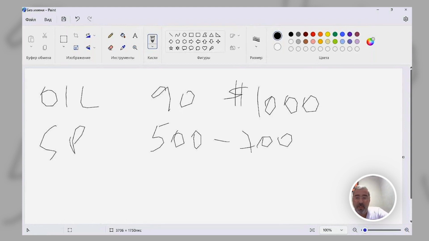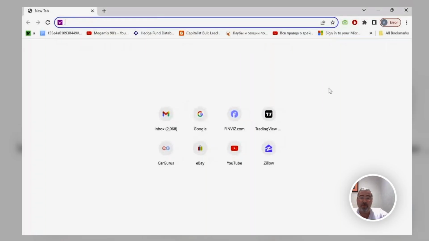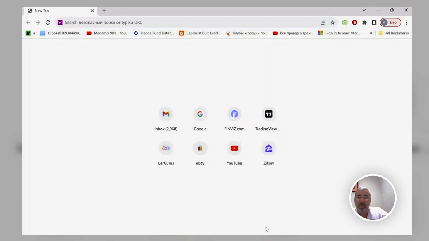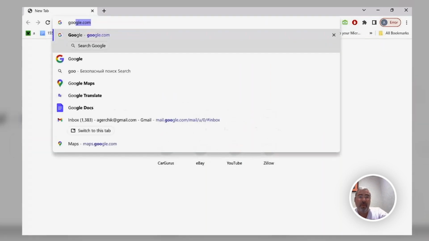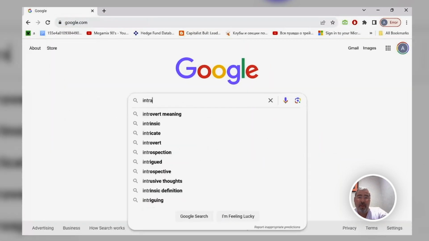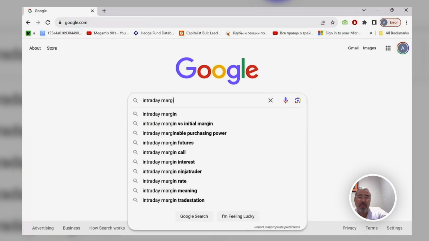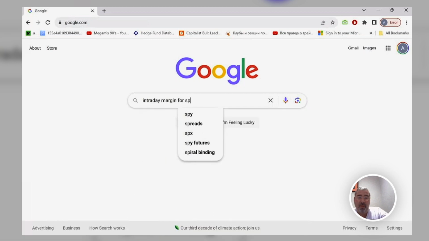It's very easy to check, and we're going to check right now so you'll understand. So it's not numbers from nowhere. I'll go on Google and search intraday margin for S&P 500 futures.